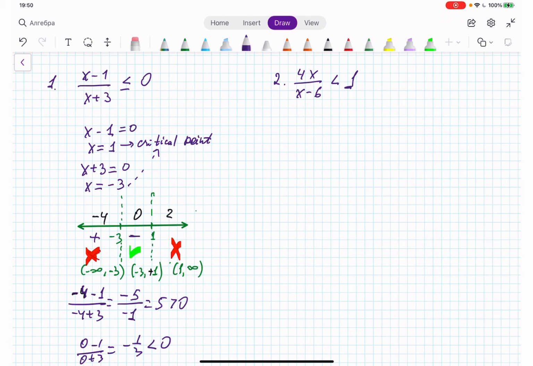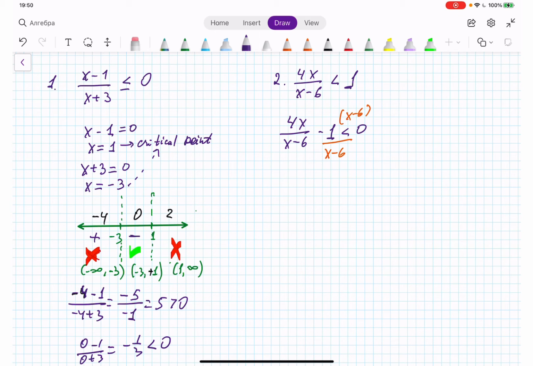Let's find critical points. To find critical points, I'm going to bring this 1 to the left side: 4x over x minus 6 minus 1 less than 0. Bring to a common denominator. The common denominator is going to be x minus 6, which means here we divide by x minus 6, and here we multiply by x minus 6. With 0, I don't have to do anything because it's going to be 0.